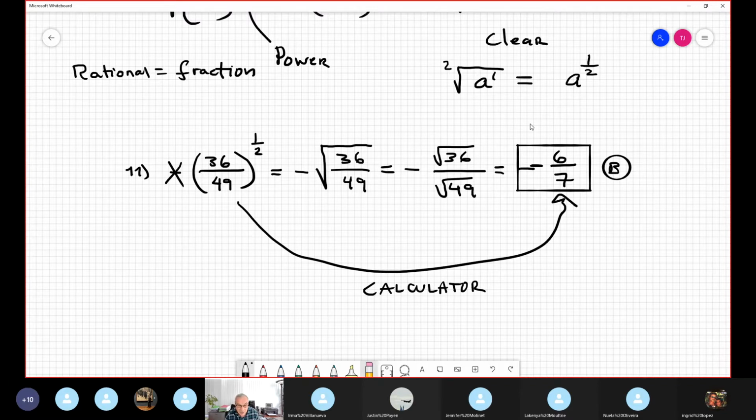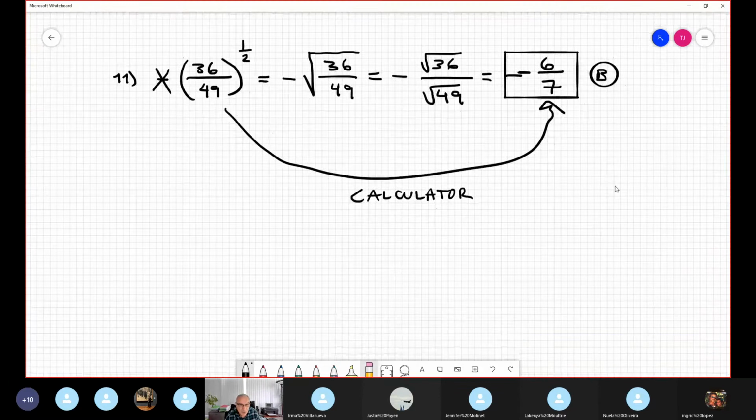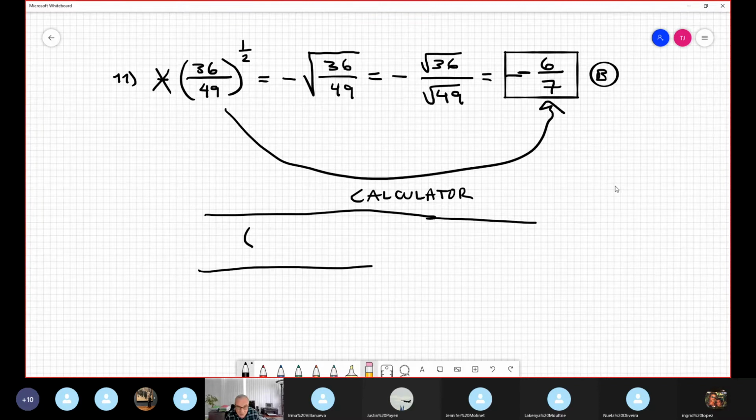I put a negative. If you put it in the display of the calculator, look, you open parentheses. This is the display of the calculator. Using your imagination, you put in the display 36 divided by 49, and closing the parenthesis. Power.